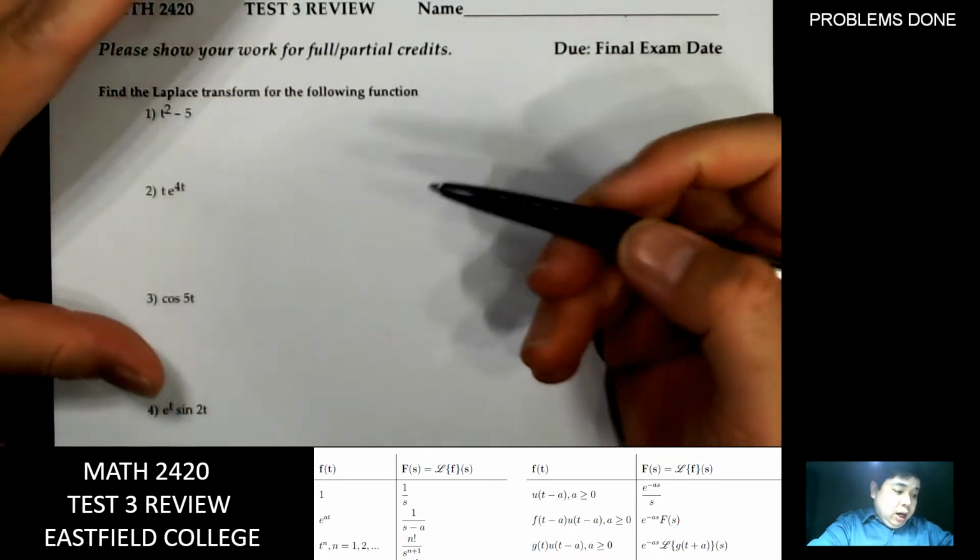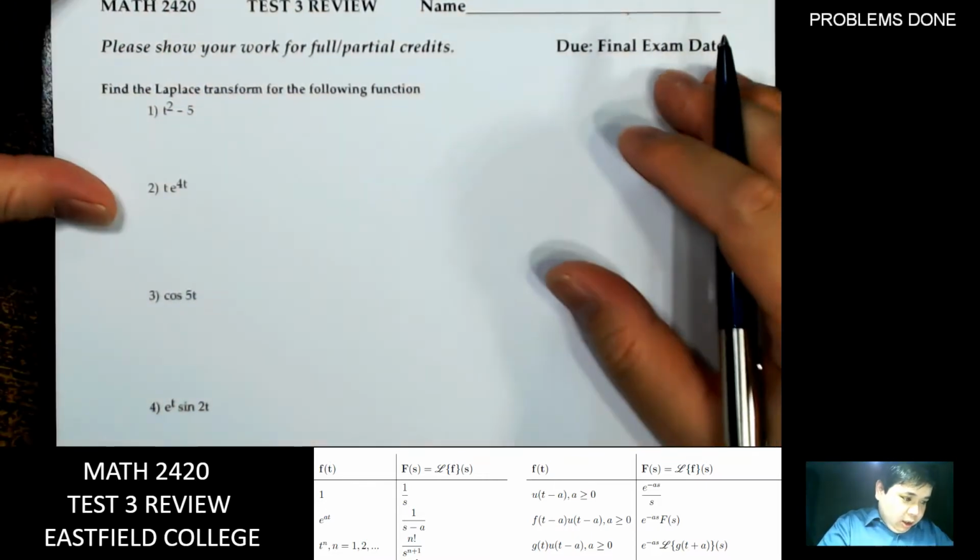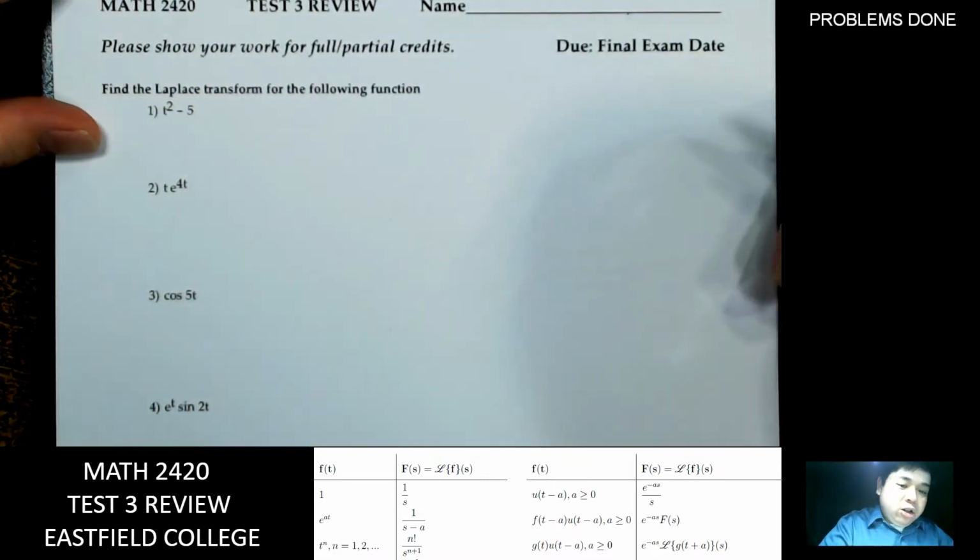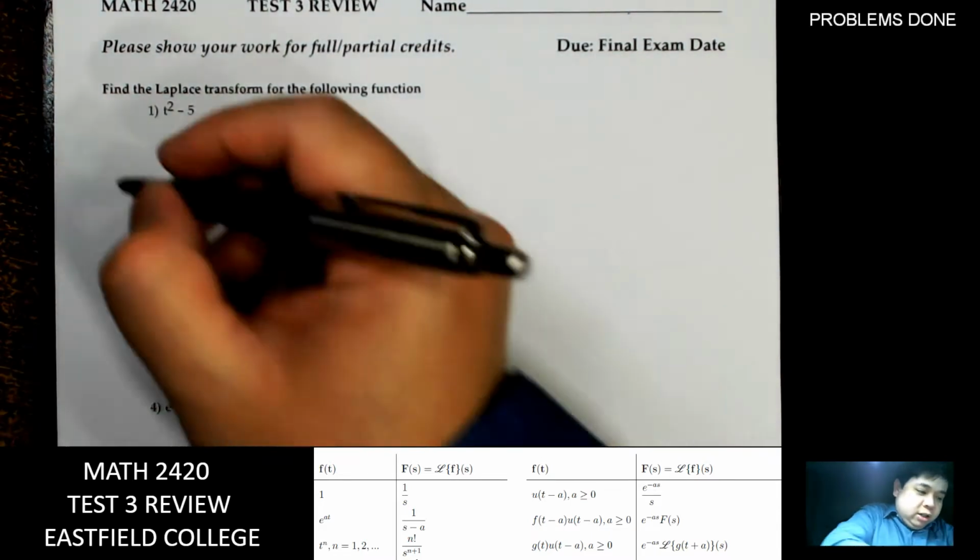So first, from 1 to 7, we find the Laplace transform for some function. So let's look at the first one.